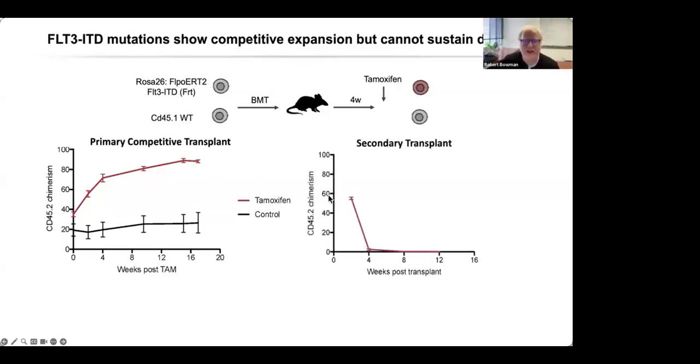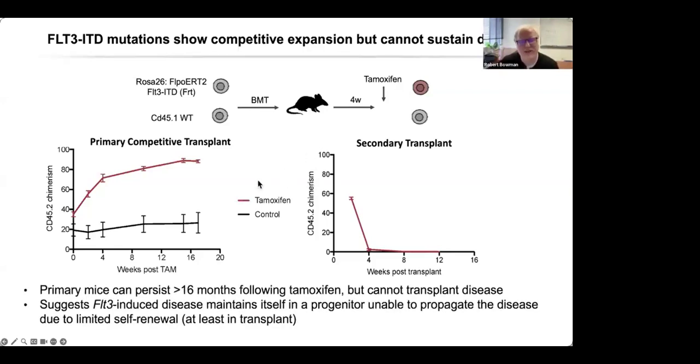So we took these cells and transplanted them again. In this setting, those cells were insufficient to reestablish disease; they were able to elicit proliferation, but not long-term self-renewal. Our thought was, maybe that's because these mutant cells need a clonal hematopoiesis allele or some mutation beforehand to really model full-blown disease development.